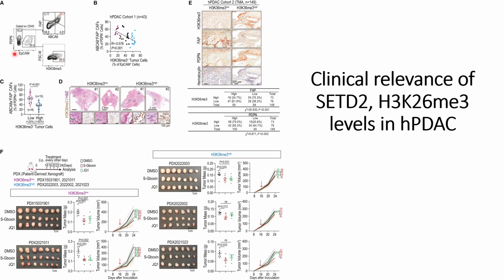First they separate the cells into PDPN and EPCAM. PDPN is the marker for the CAF, or cancer associated fibroblast, and thereafter in these cancer associated fibroblasts they segregate the populations into ABCA8 and FAP positive. From the previous results we have identified that cells that have both these markers, ABCA8 and FAP, represent the lipid laden cancer associated fibroblasts.